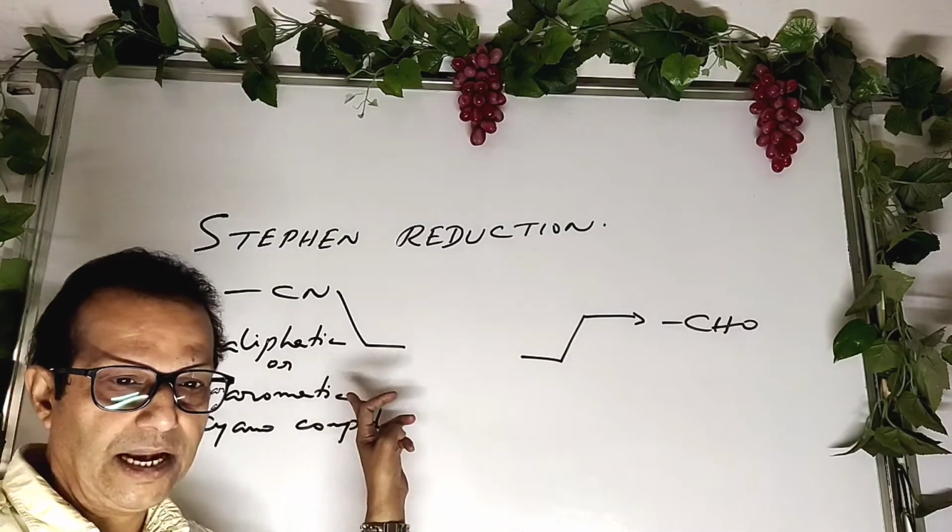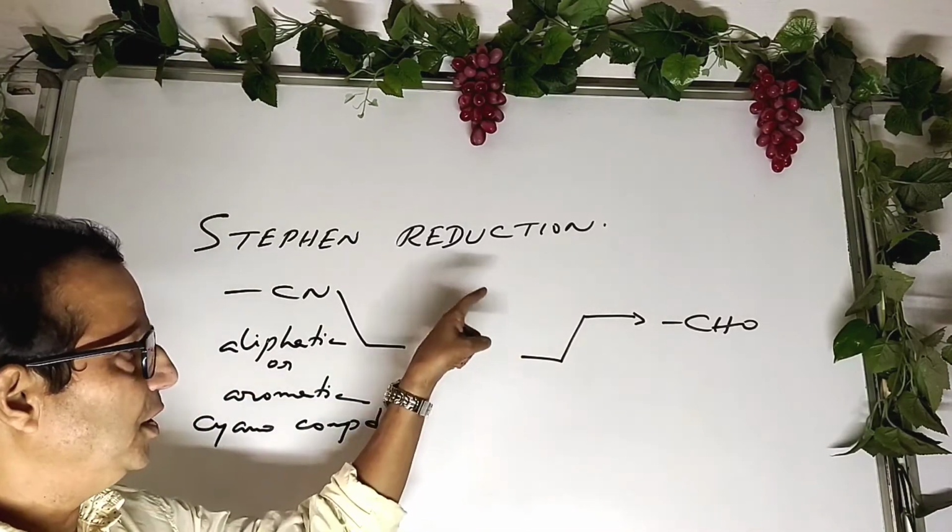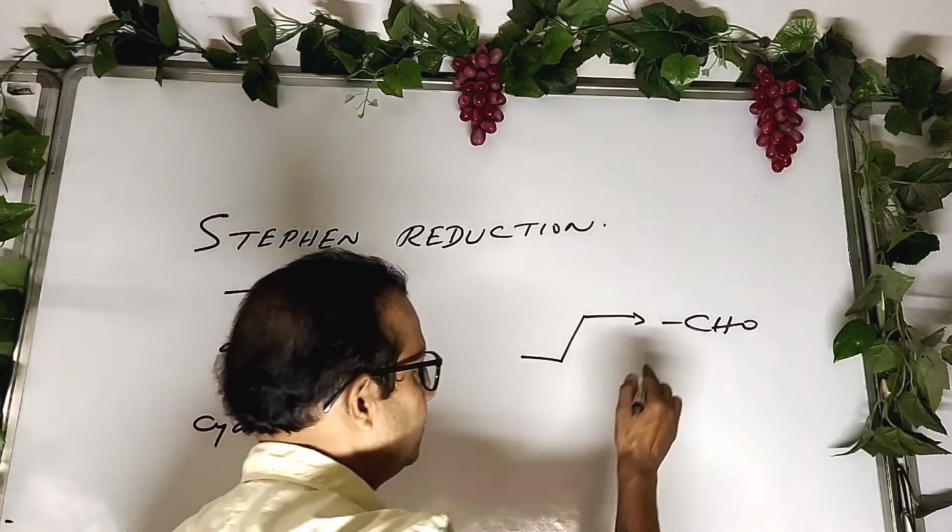Aliphatic or aromatic cyano compound will change into aldehyde group.